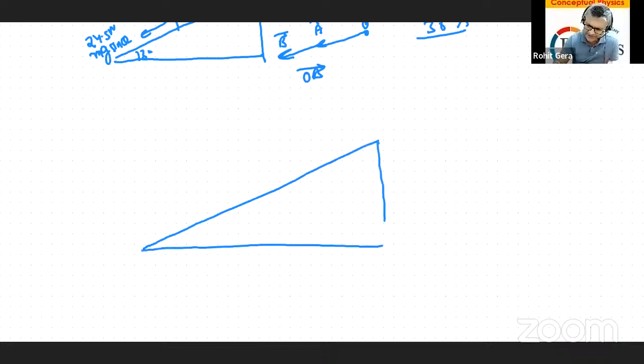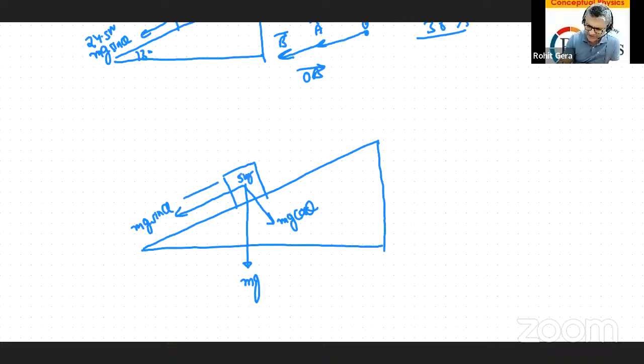So let's say this is your block. This is your mg. This is the mg sine theta. This is mg cos theta. Now you are pushing it, and this is 5 kg, and this is again, say, for the ease of it, 60 degrees now.